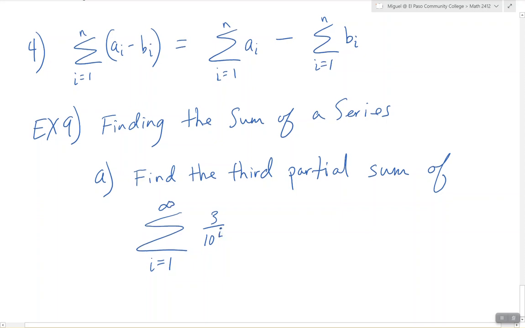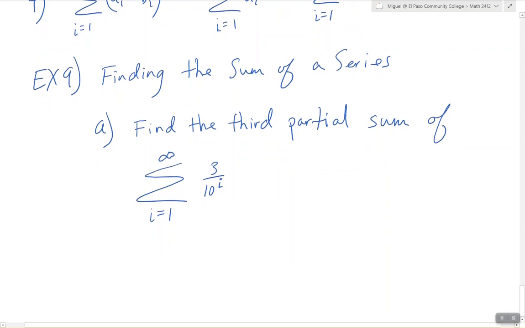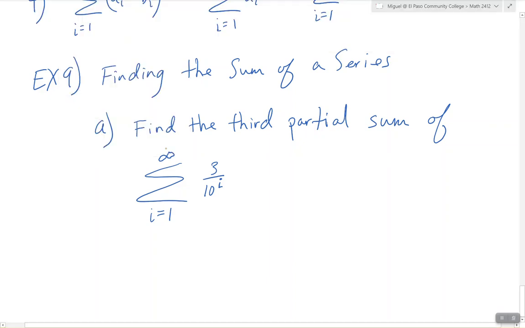That's what it is. We'll get to the infinity part in the second part here, but for this one, they just want the third partial sum, so all they want is the first 3 terms. So instead of going to infinity, we'll go from 1 to 3 for this one.